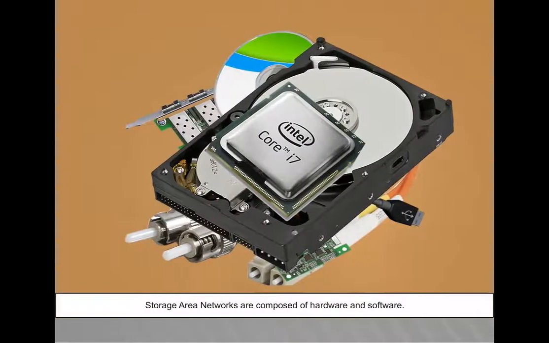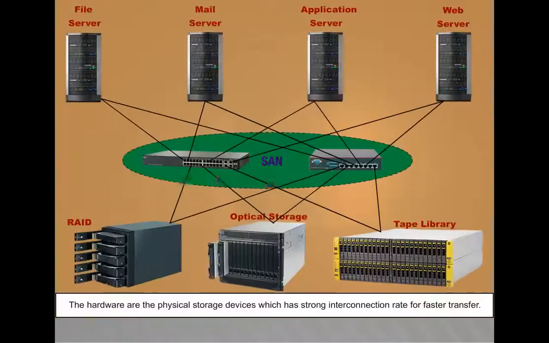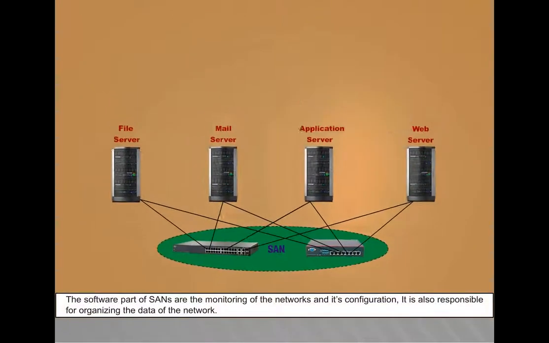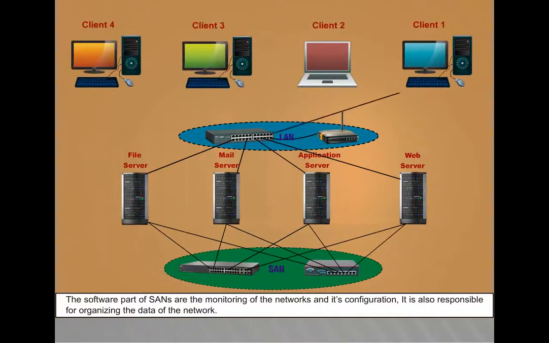Storage area networks are composed of hardware and software. The hardware is the physical storage devices, which have a strong interconnection rate for faster transfer. The software part of SANs is the monitoring of the networks and their configuration. It is also responsible for organizing the data of the network.